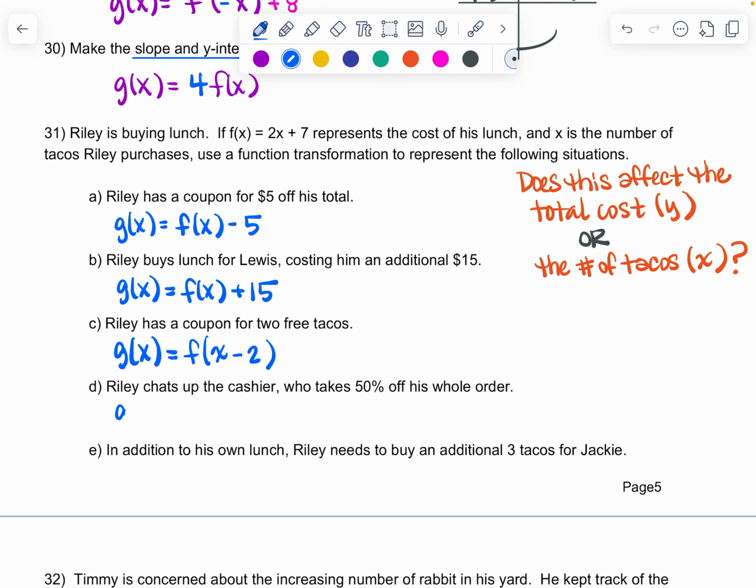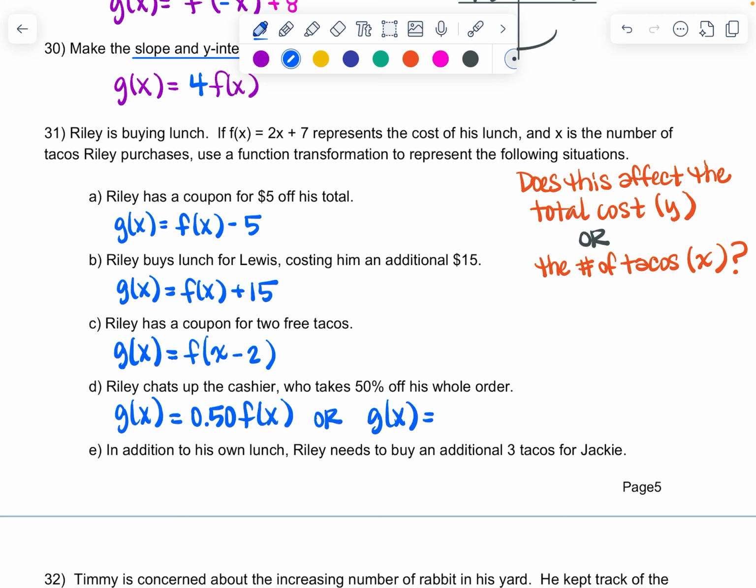All right, last two, g of x. Riley chats up the cashier who takes 50% off his whole order. Well, that's clearly affecting the total cost, so we are multiplying the total cost by 0.5.